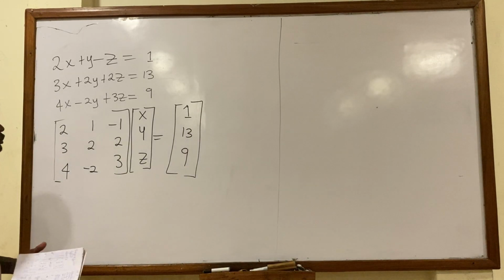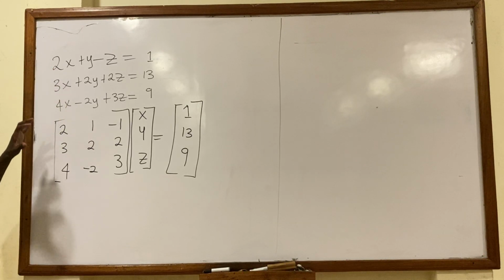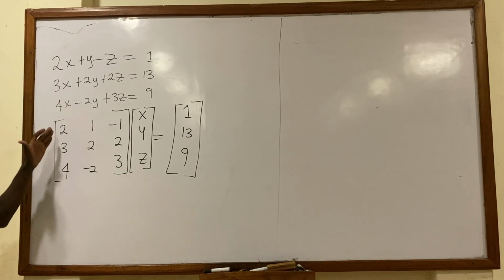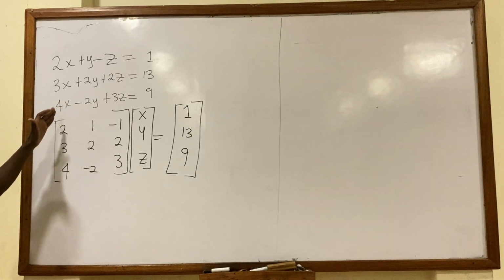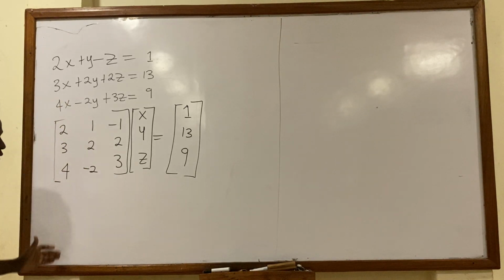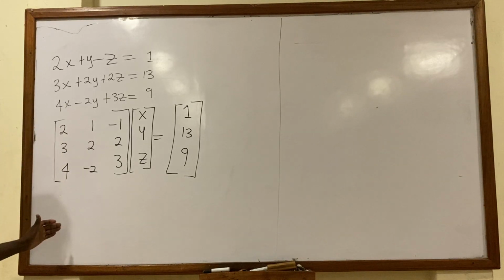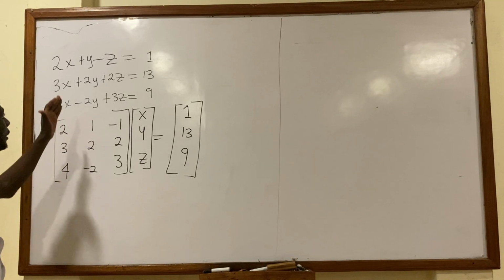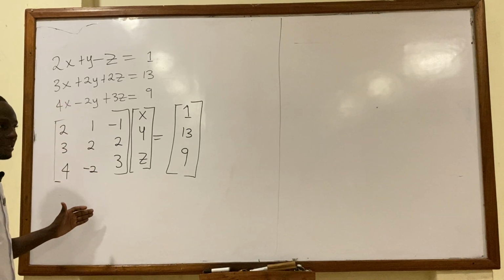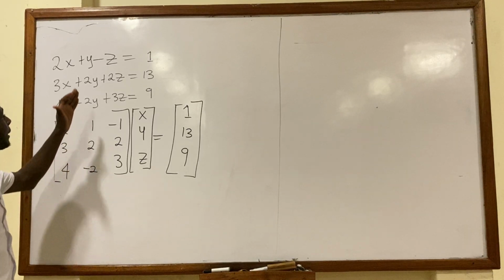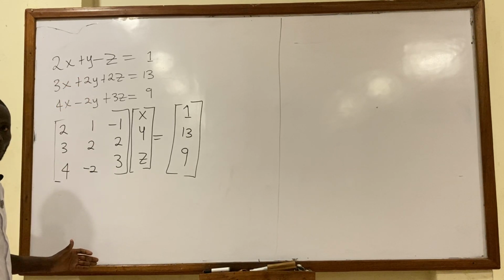Very, very simple. So when you have three systems of equations, write the X column, or the coefficients of X, on the first column. And then the coefficients of the second variable should be on the second column, and then the coefficients of the third variable on the third column.